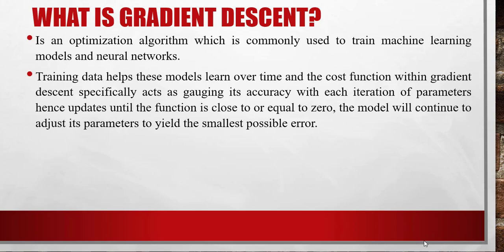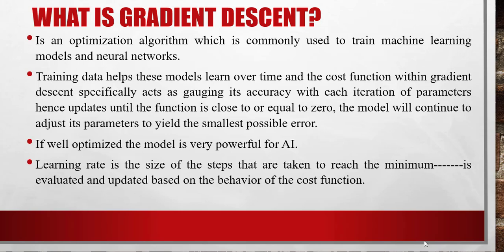Hence it updates until the function is close to or equal to 0. The model will continue to adjust its parameters to yield the smallest possible error. So it is very good, especially if you optimize your model well. It is very powerful for artificial intelligence.